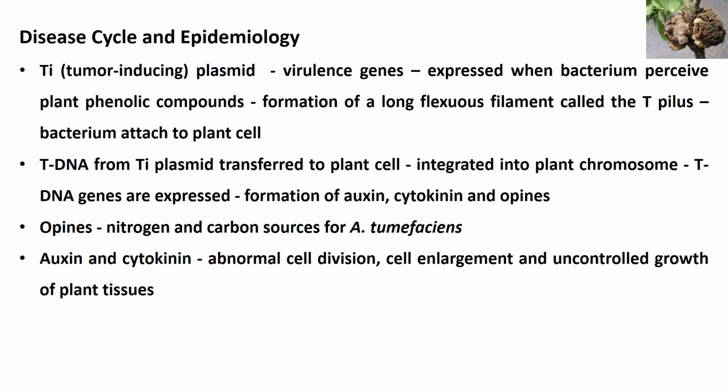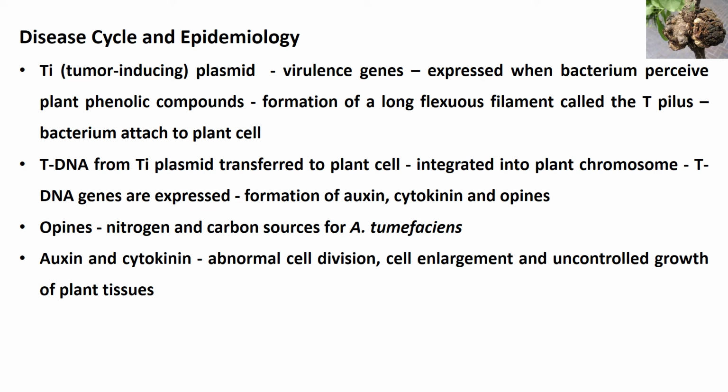Once the bacteria attach to the plant cell, a portion of DNA in the Ti plasmid, known as T-DNA, gets transferred to the plant cell through a conjugation procedure. When the T-DNA reaches the plant cell, it gets integrated into the plant chromosome, and the T-DNA genes get expressed, resulting in the formation of plant hormones, auxins and cytokinin, and the formation of opines.